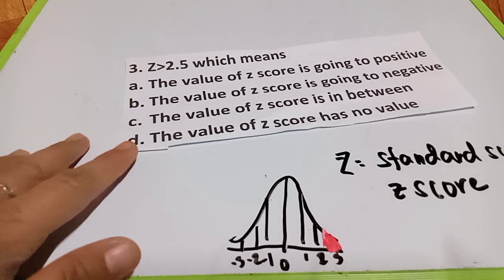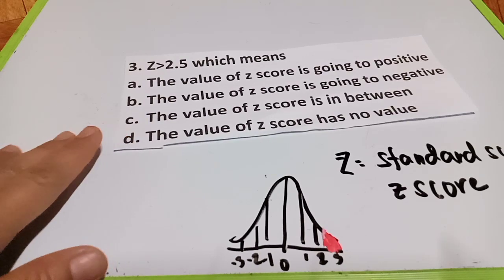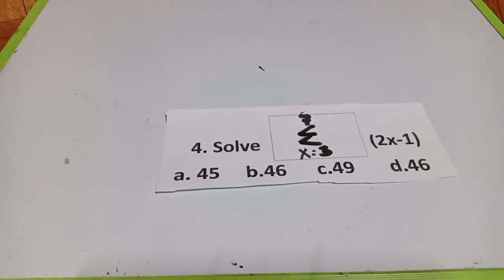Okay, let's proceed to number 4. Number 4: solve for the summation from x equals 3 to 7 of the quantity 2x minus 1, with open and close parentheses. How do we solve for that? Actually, we have a previous problem where 2x minus 1 also starts at 3 and ends at 7.